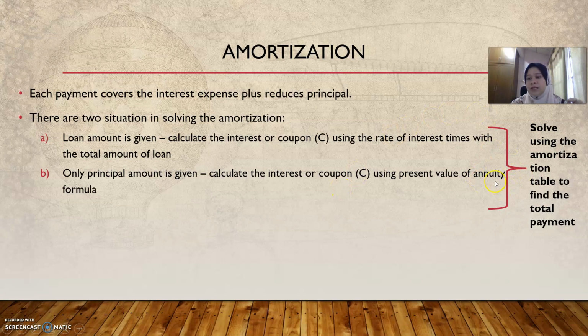When you are given only the principal amount, you will use the present value annuity formula in order to find the amortization amount.